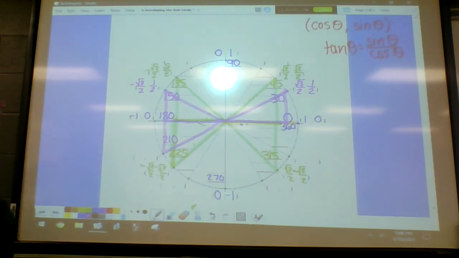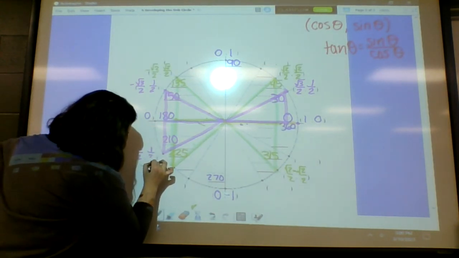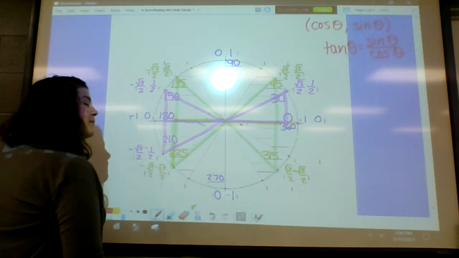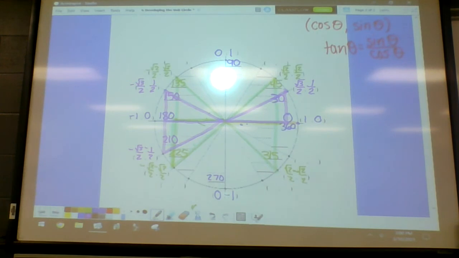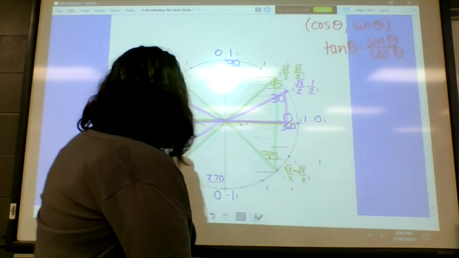And then once again, it's square root of 3 over 2 and 1/2. And in this quadrant, they are both negatives. In that quadrant, they're all going to be negatives, right? In this quadrant up here, only the x's are negative. In this one down here, only the y's are negative.